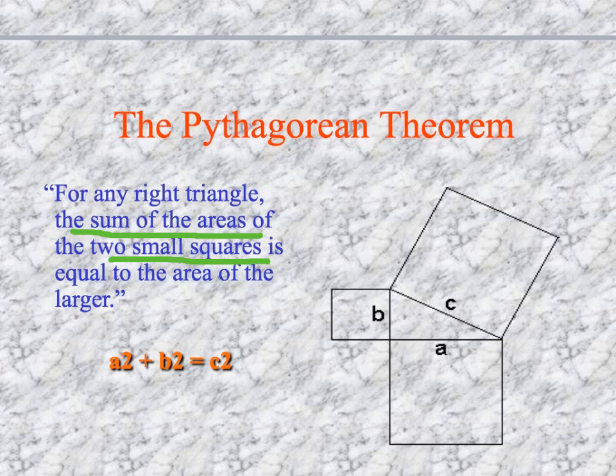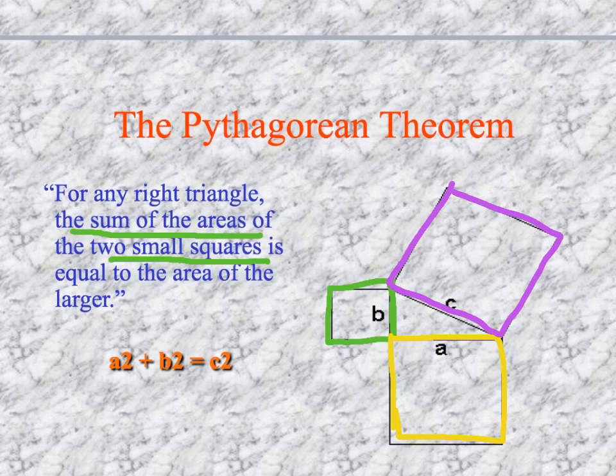So this just says that whenever you create squares off of a leg of a triangle, so right there we have a square, and then on the other leg we create another square. If you were to find the area of square B and square A, it must equal the area of the square formed from the hypotenuse.